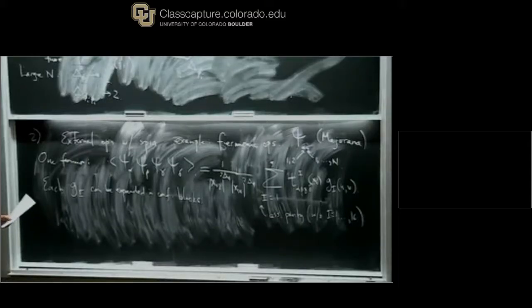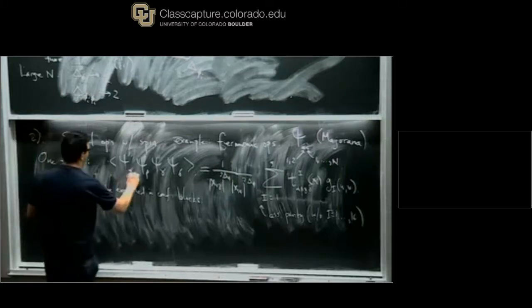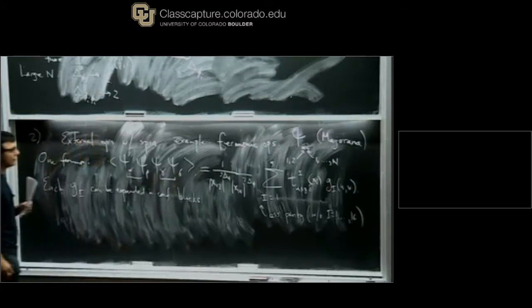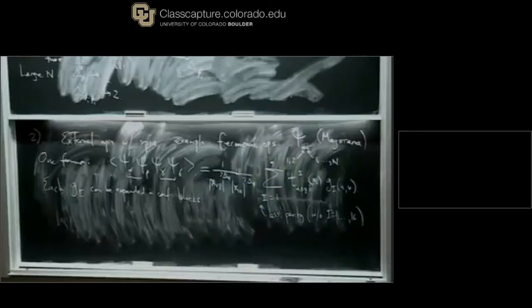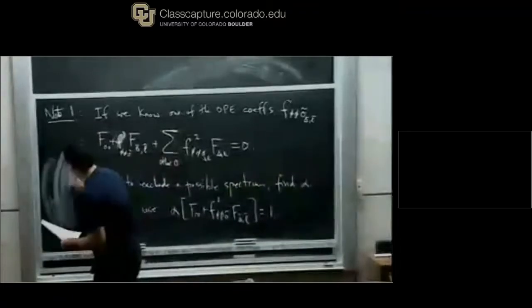Well, we can try to think about it. Conformal blocks correspond to this OPE decomposition, so we should try to understand what this OPE decomposition could look like. So what kind of operators can appear?